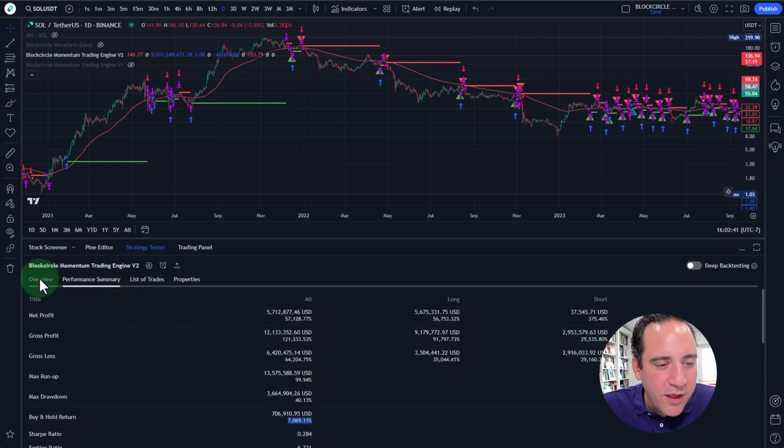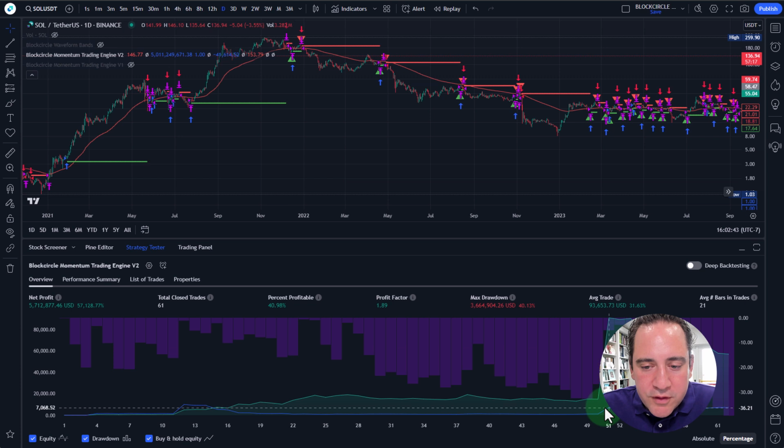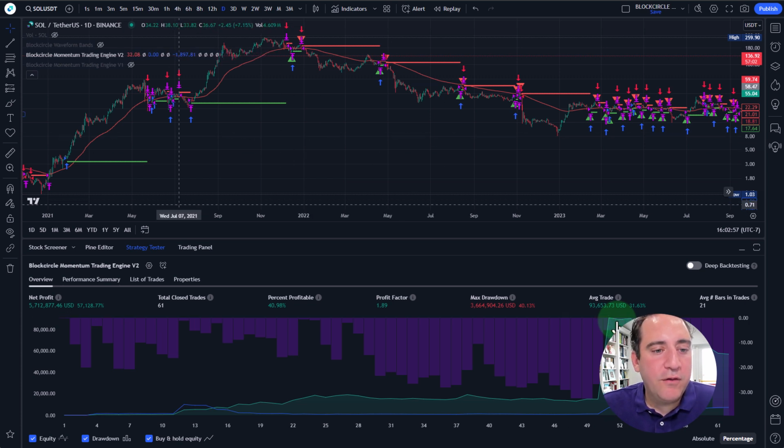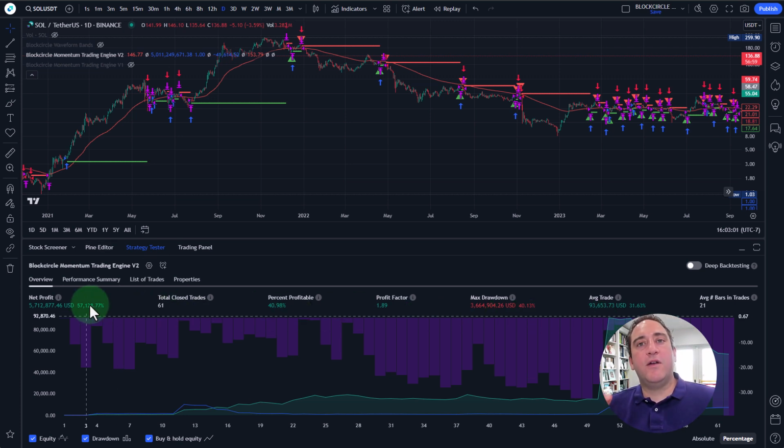And at its peak, the buy and hold return was 110x. So you're talking about 900x versus a 100x, right? So this trading configuration outperforms buying and holding Solana by a multiple of 9x, almost 10x, with no leverage.